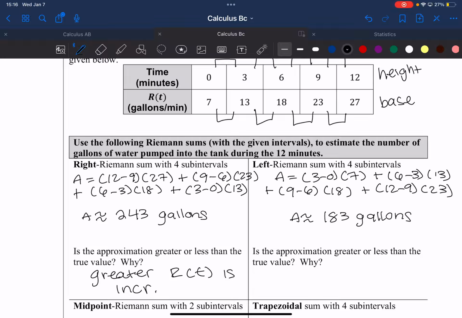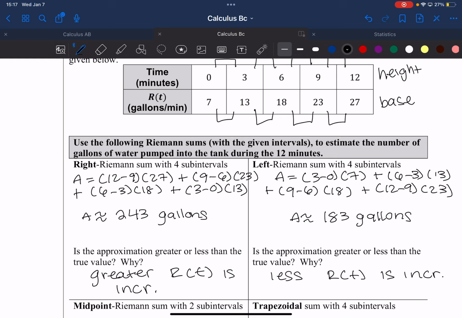And since this is a left Riemann sum with an increasing function, would our approximation be greater or less than? Less than. It's always opposite than the right. So we're going to say less, and again, the same reasoning is because R of t is increasing.